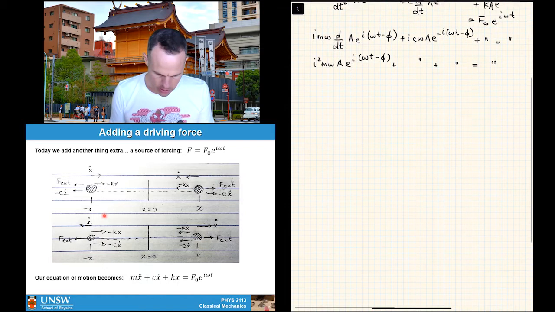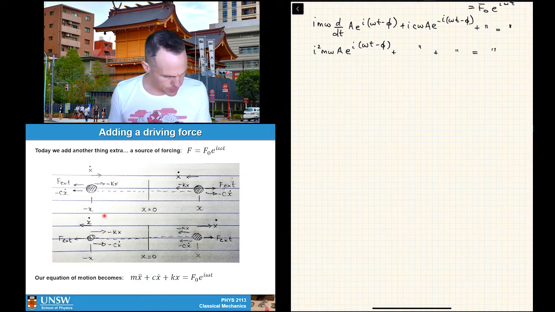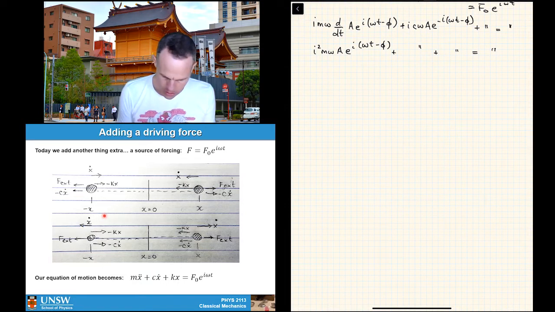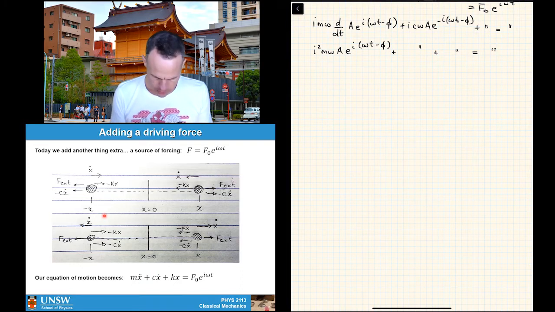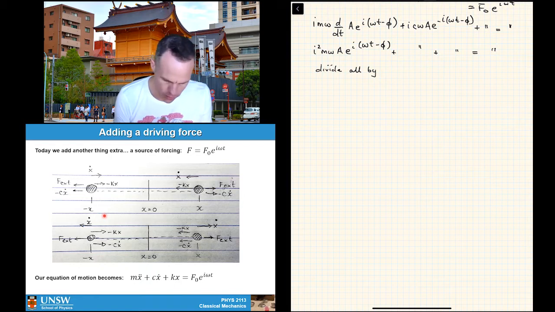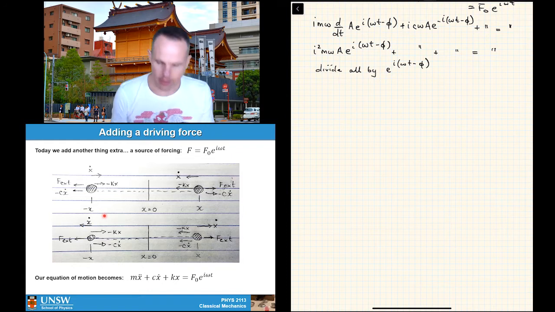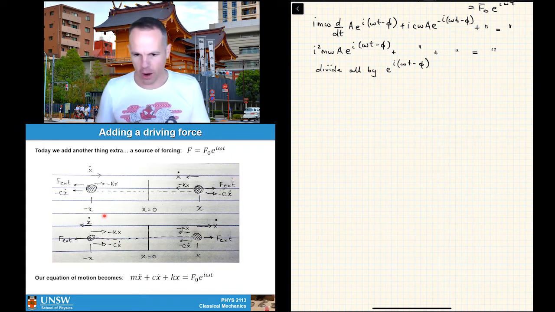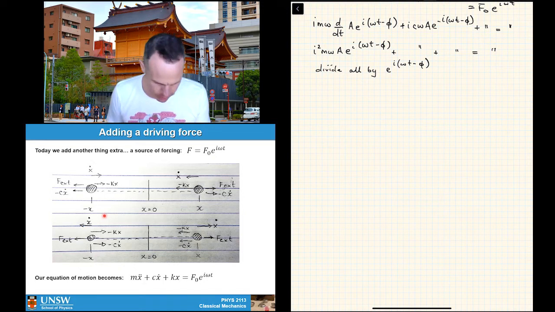And if we now clean up the term out the front here, actually, no, we're perfectly okay here. All right, so the next thing I want to do here is divide the whole equation through by e^(i(ωt − φ)). And the nice thing about this is I don't have to keep writing e^(i(ωt − φ)) at the moment, which is going to take forever on this video.